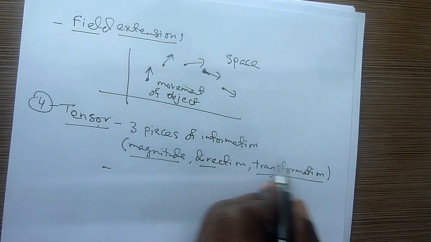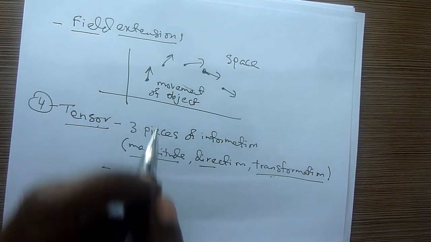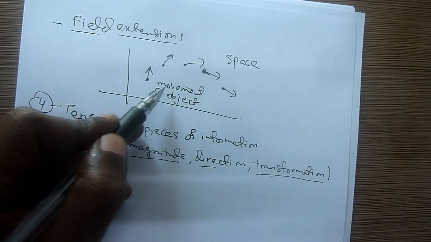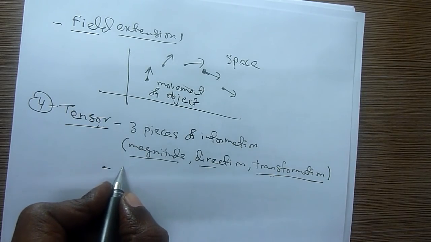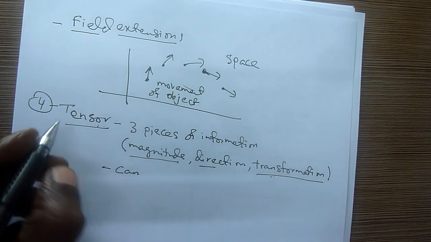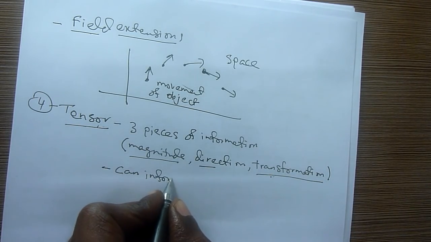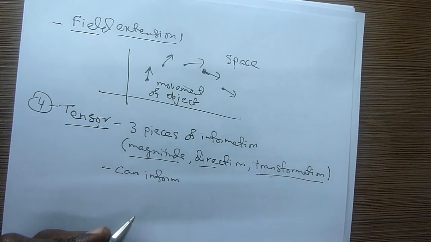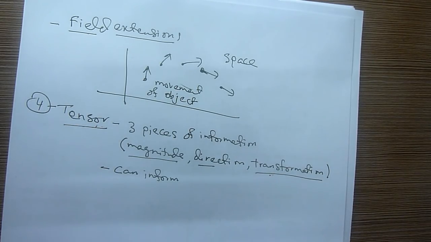What is the contribution of this transformation? You are able to see the movement of the object, and not only that, the tensor is able to capture the interaction of the object with other objects, or it may interact with other surroundings.